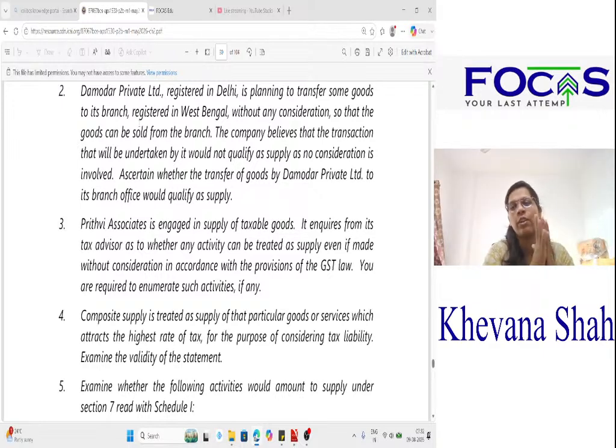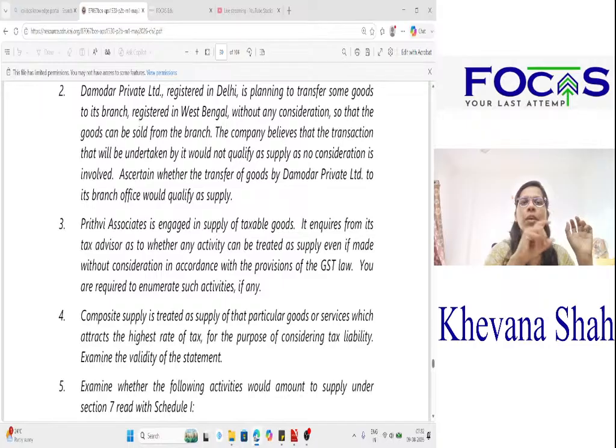in West Bengal. Now see here, this is the case of distinct persons. So, Damodar Private Limited registered in Delhi and one of its branches is registered in West Bengal. So, in Delhi, Damodar Private Limited would be having one registration. In West Bengal, it is having another registration.